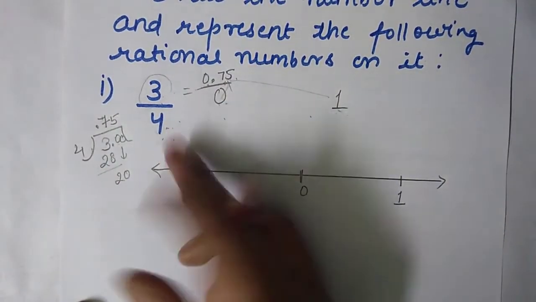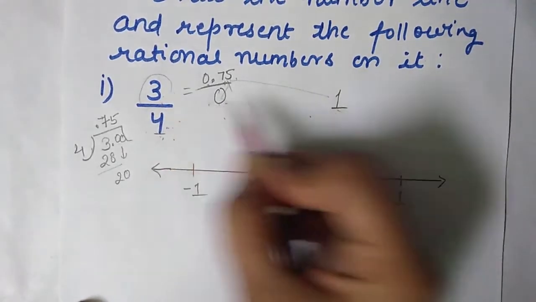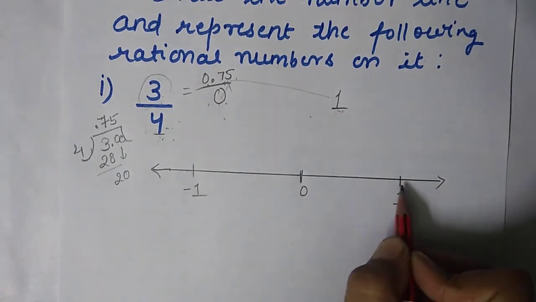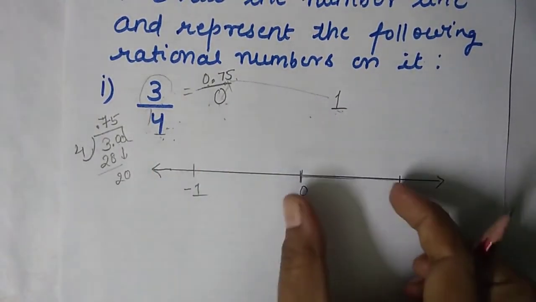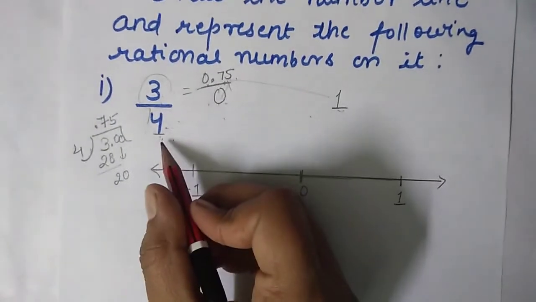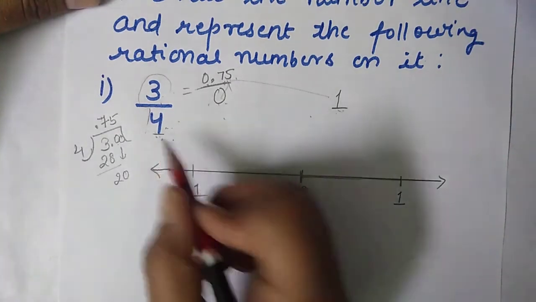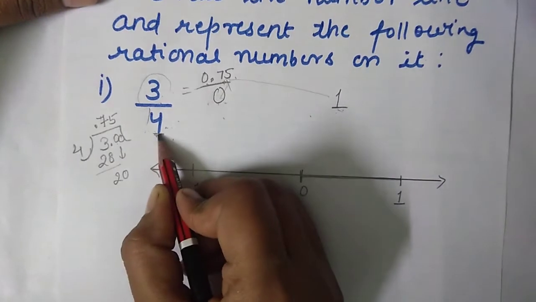Now we have the denominator 4, and this number lies between 0 and 1. So between 0 and 1 we have to divide this unit into 4 equal parts, equal to the denominator.